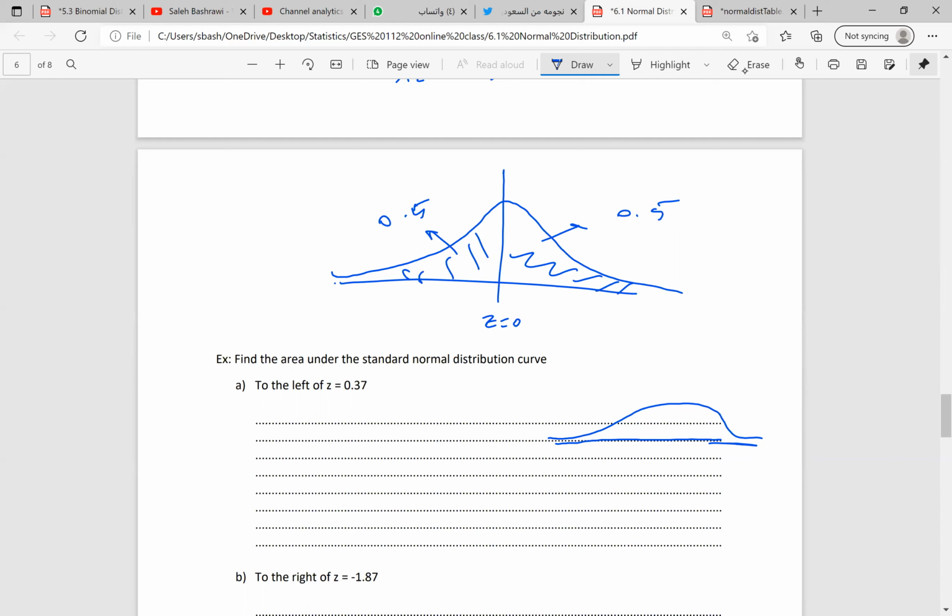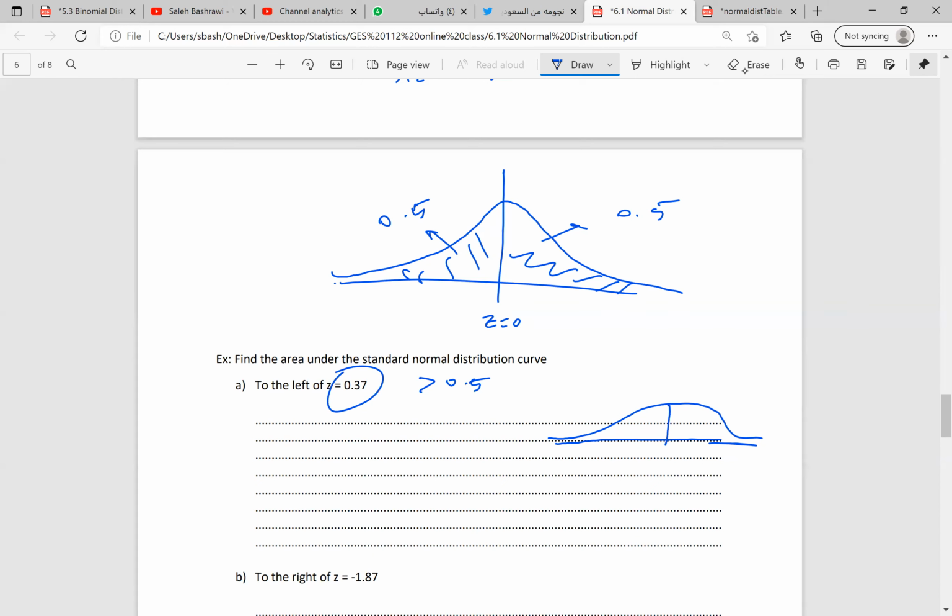Z can be a positive value and it can be negative. If x is less than the mean, it is negative. If it is greater than the mean, it is positive. And if z is positive, the area will be greater than 0.5 for sure.